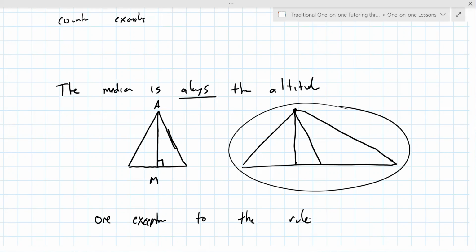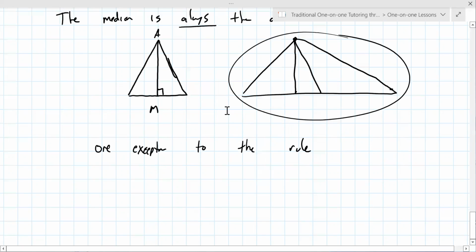You just have to find one instance where what is being said is false. And sometimes it's hard. That's what proofs are, they're hard to figure out sometimes. That makes a lot more sense than the previous explanations. I chose median and altitude because we're going to have to look at some of those at some point if we have time.